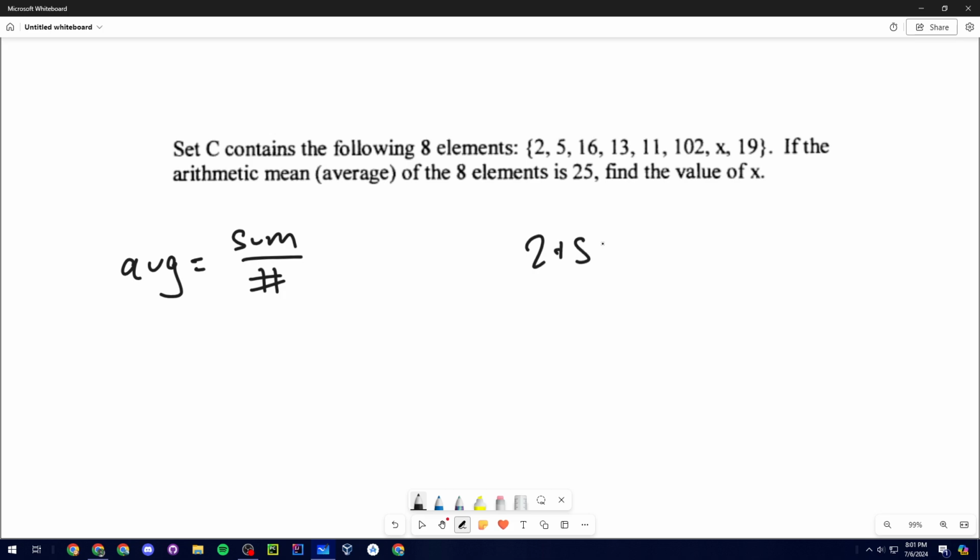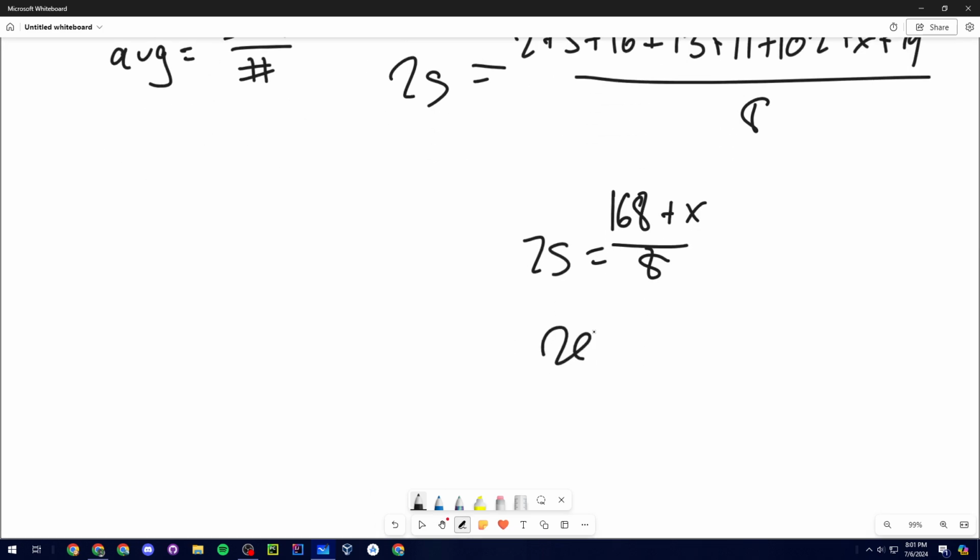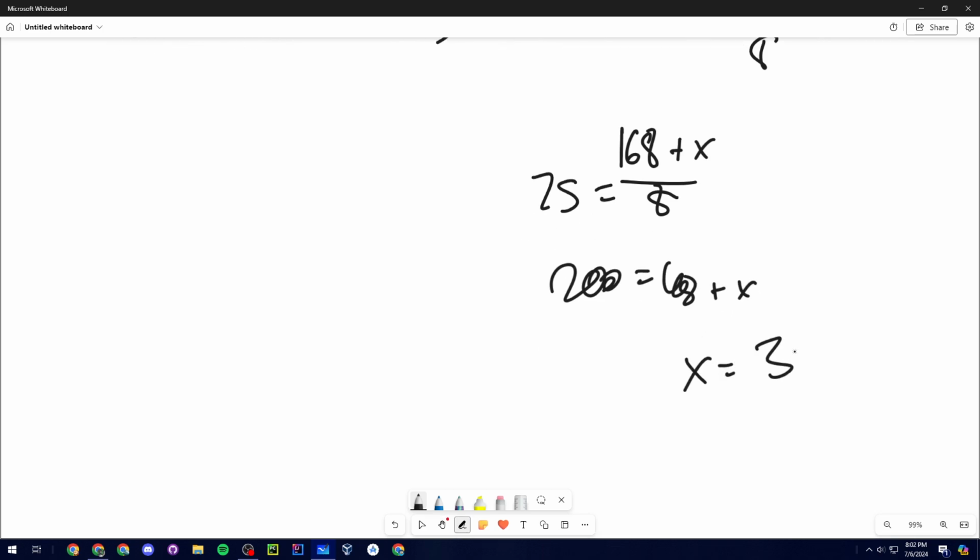So 2 plus 5 plus 16 plus 13 plus 11 plus 102 plus x plus 19 over 8 is equal to 25. I'm just going to use my calculator. That's 168 plus x over 8 is equal to 25. 200 is equal to 168 plus x. X is equal to 32. Okay.